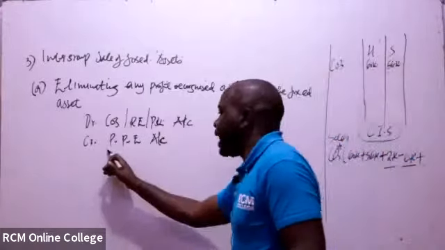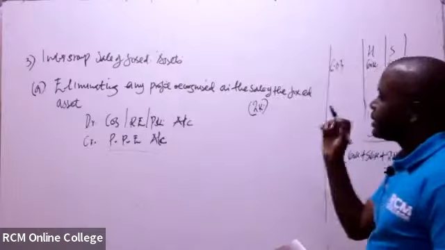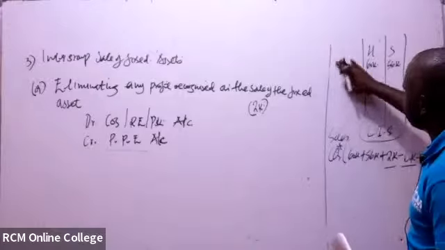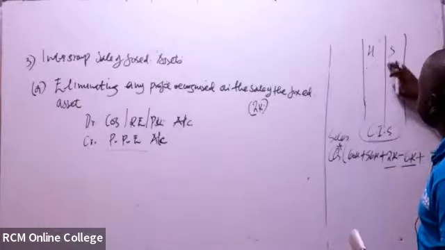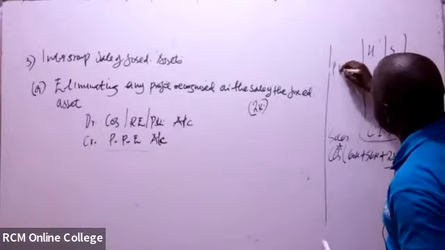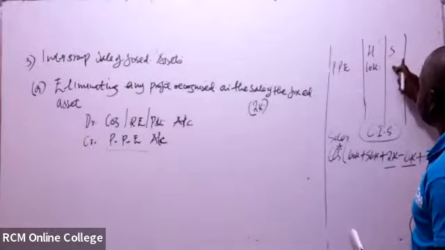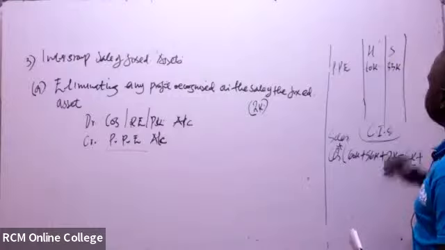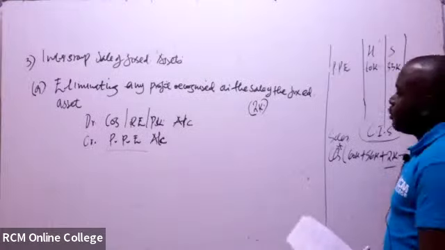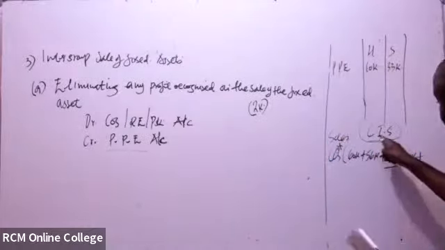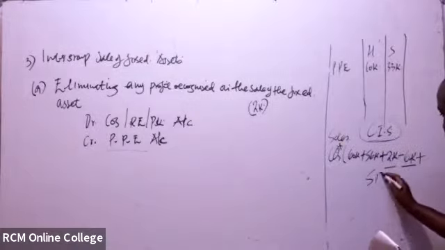For this item, it appears in the statement of financial position. So in the statement of financial position, this is what the question will be giving you. It will tell you that the property, plant and equipment is maybe 10K for this one, and maybe 33K for this one. If you've calculated this one to come to 2K, when we're consolidating, note that it is now the statement of financial position.